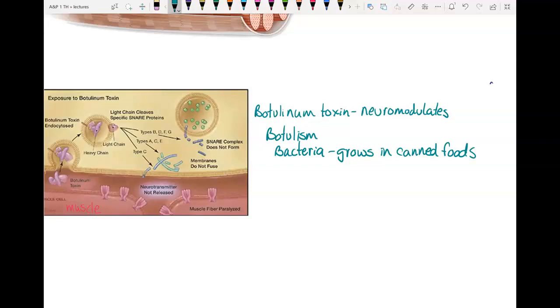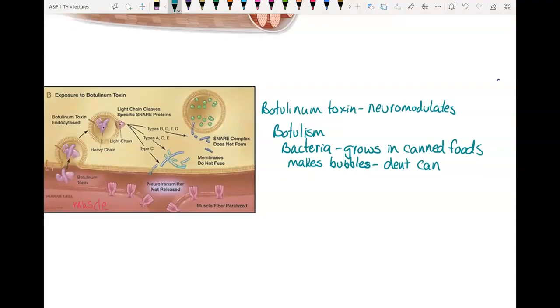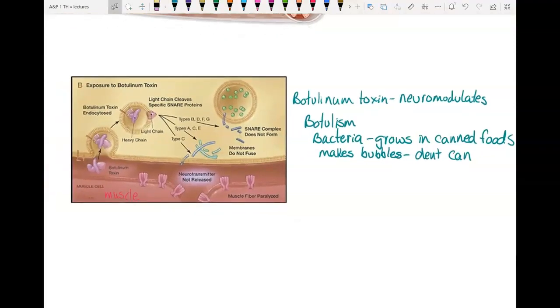And when the botulism grows in the canned food, it makes bubbles. And those bubbles can dent the can. And that's why people who are old enough to remember when you did need to worry about botulism don't like dented cans. It's a sign that it has botulism. So anyway, what happens is the bacteria makes a toxin.